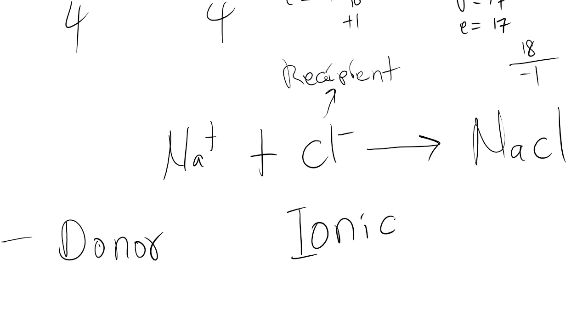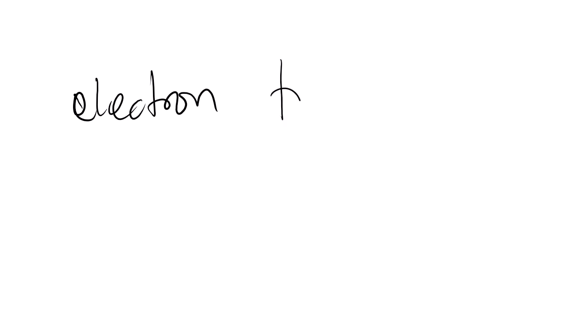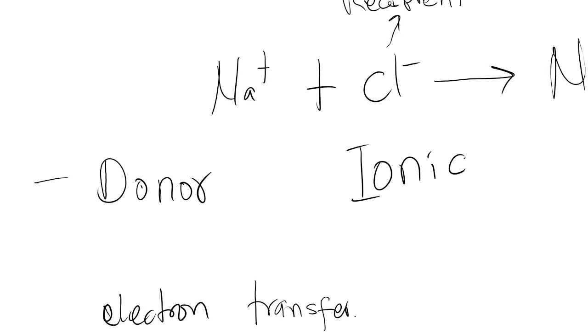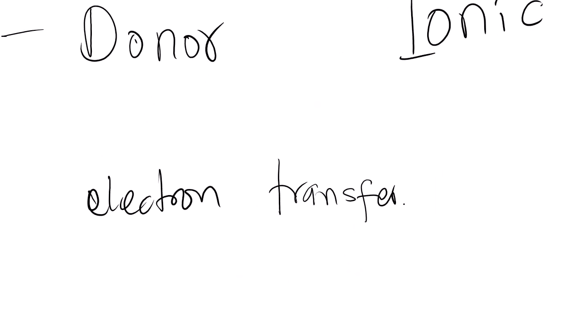So in ionic bonding, the important thing to remember is we have electron transfer, and we have two species: donor and recipient. This is just for ionic bonding, and you can work it out for most of the chemical reactions that we see in chemistry.